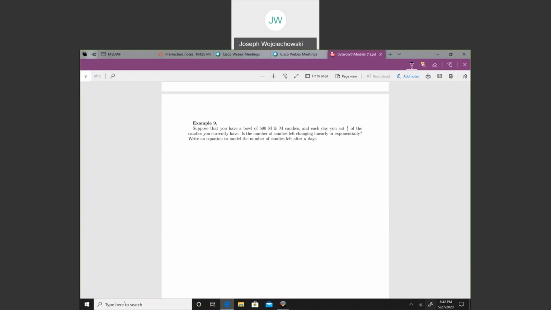So, well, it's changing by 1/4, which is 0.25, which is 25%. It's not changing by a set number of M&Ms, it's changing by a percentage, which is a rate. Therefore, exponentially.